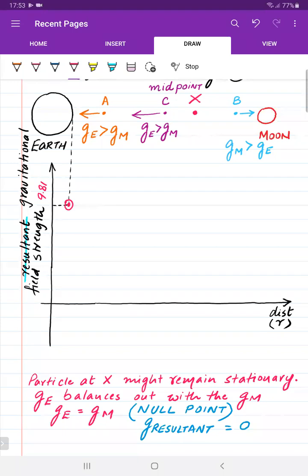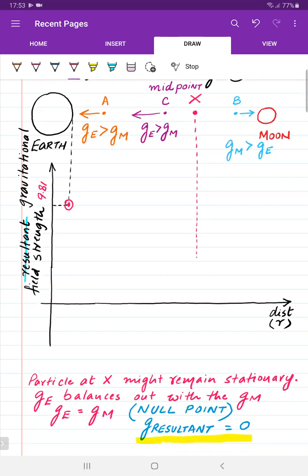Okay, so on the surface of the earth, 9.81, that's the first point. The point X on the diagram, वर्डिंग्स प्लीज देखिएगा जो मैंने नीचे लिखी हुई है, अंडरलाइन कर रहा हूं कि null point was the point where the resultant gravitational field strength was 0.